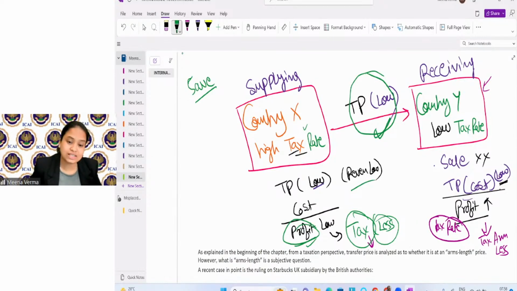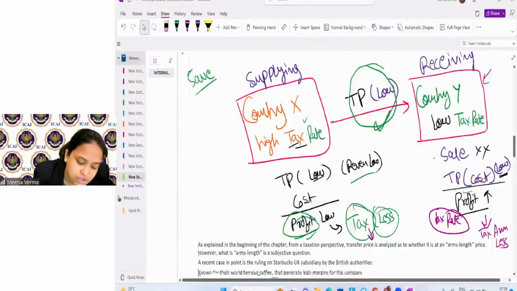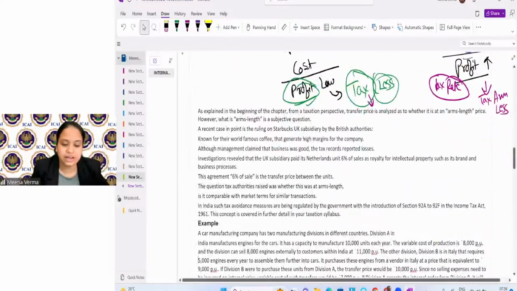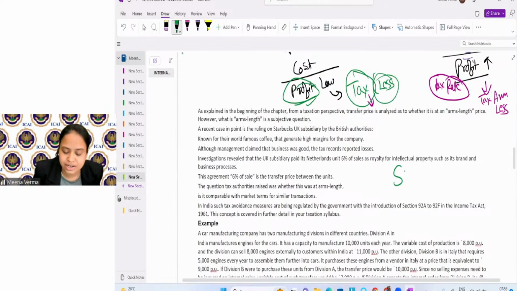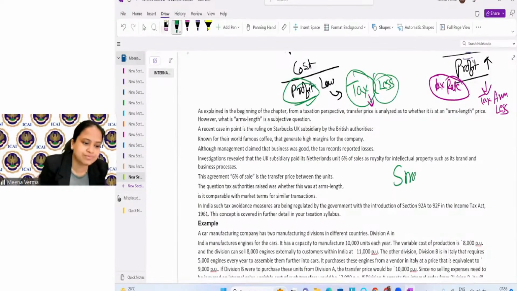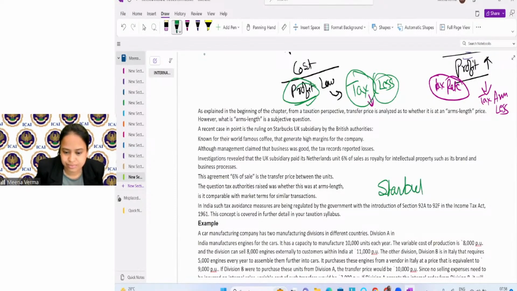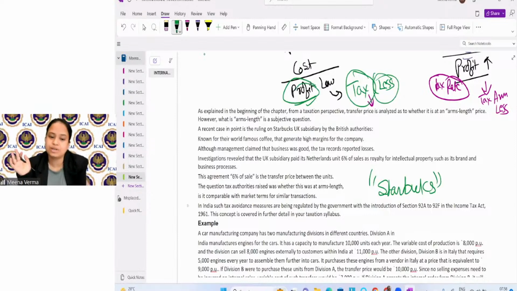They're using this concept to save the taxes, and it actually happened in the case of the Starbucks company. You know Starbucks, right? Everyone knows about Starbucks. It's a coffee brand. And actually, this is a practice adopted by Starbucks to save the taxes.